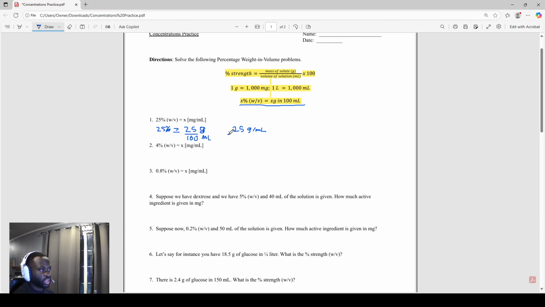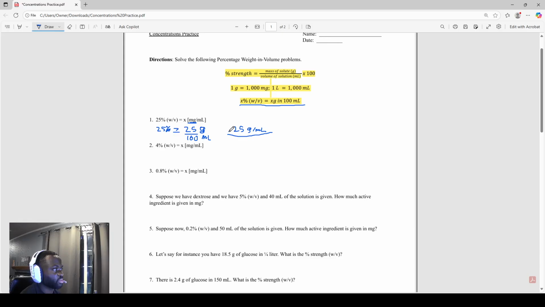Now, you may think we're done, but our question is asking us for the answer in the form of milligrams, not grams. So all we would need to do is convert grams to milligrams. So if we have 0.25 grams, what is the equivalent of that in milligrams, right? We would just need to multiply this value by 1,000 because 1 gram is equal to 1,000 milligrams.